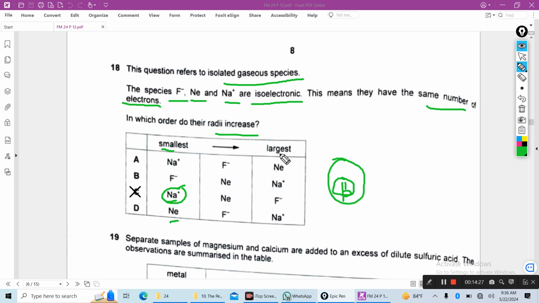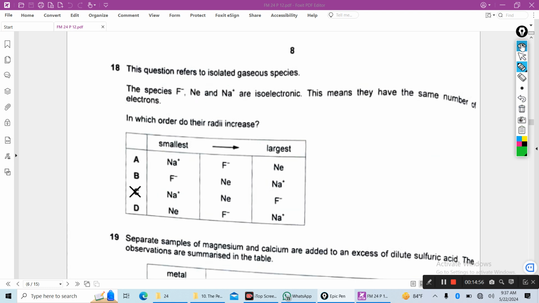And fluoride also has 10 electrons, but the fluorine nucleus has only 9 protons. So the fluorine nucleus attracts the 2 electron shells less strongly, not so strongly. That's why its radius will be largest.